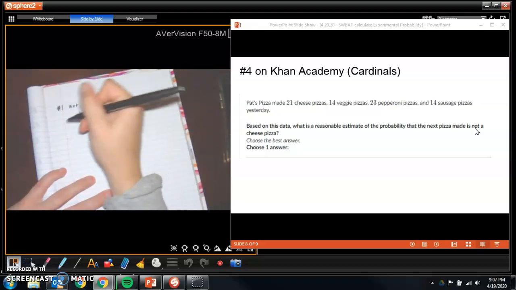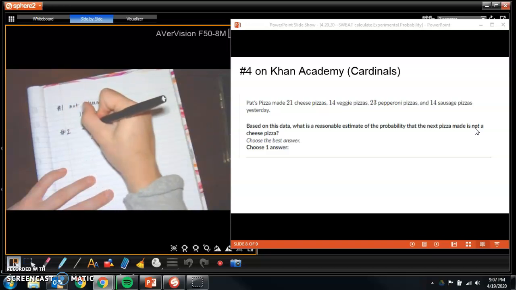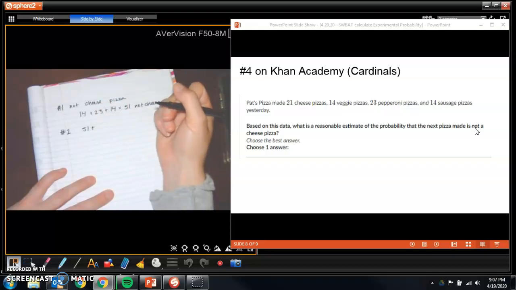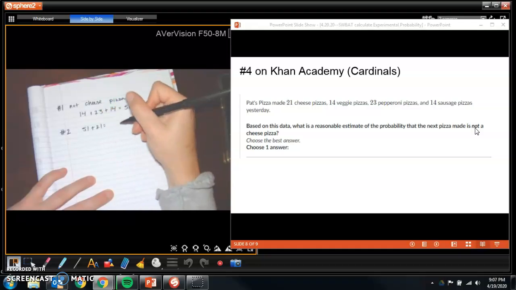Now moving on to criteria for success number 2, the total number of outcomes would be 51 pizzas plus the 21 cheese pizzas, to find out that there are 72 pizzas total.